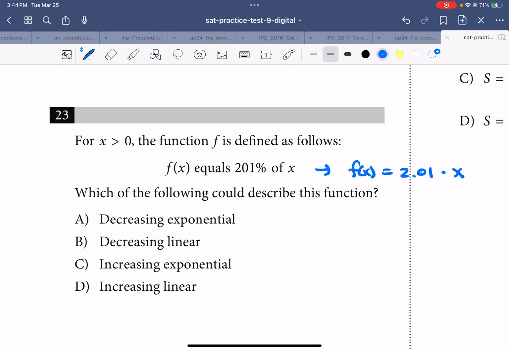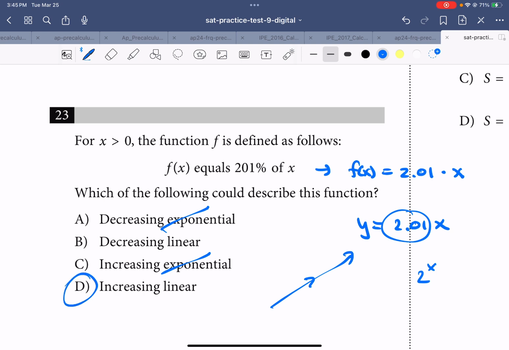So you have y equals 2.01x, right? This function is definitely not exponential. Exponential is like 2 to the x, things like that. So it's not exponential. It's linear, and the slope is positive, so it's going up, right? That means it's increasing linear. So the answer is D.